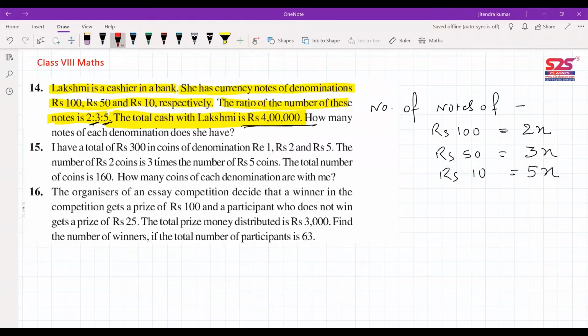Here, if the number of notes of 100 is 2x, then how much rupees will it be in total?